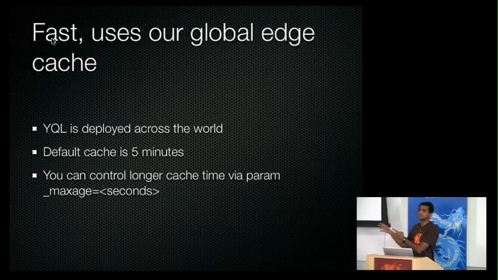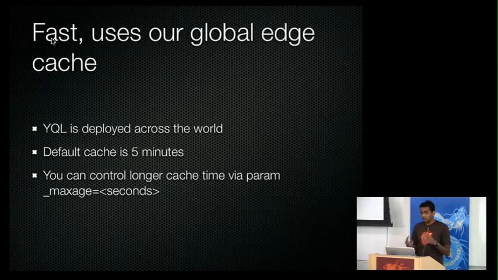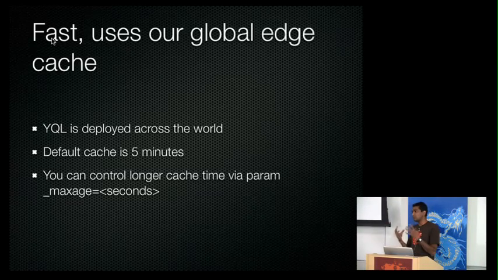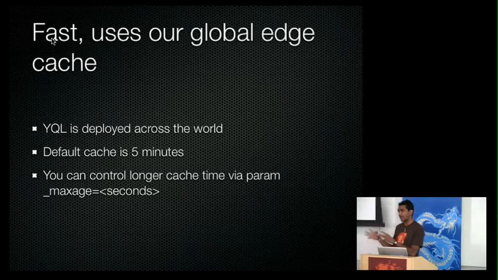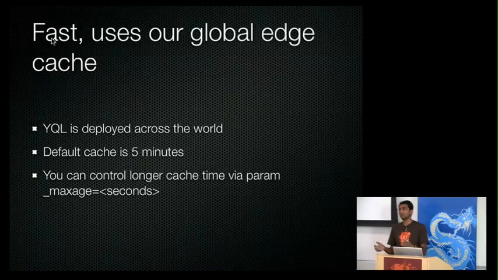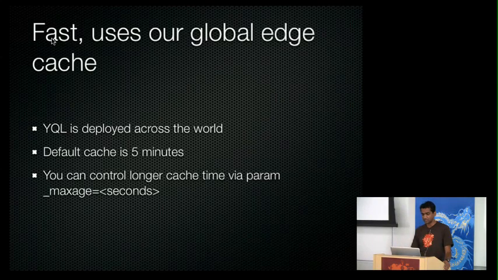Whereas your users in Asia will go to the YQL engines that are closest to them in Asia, without you having to deploy. If you were to write this application yourself, you would have to deploy it in multiple colos, manage and handle all of that. But YQL gives that to you free. I mean, that's built into YQL. That's the benefit of YQL.